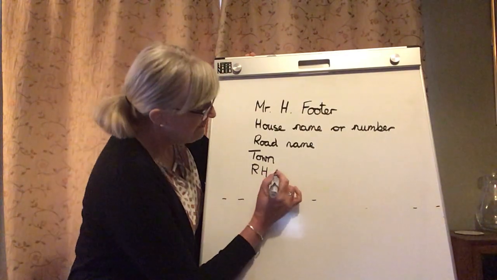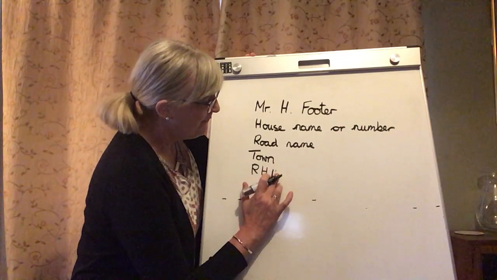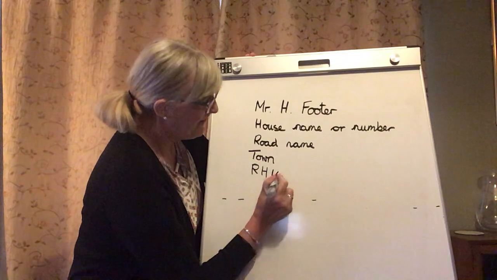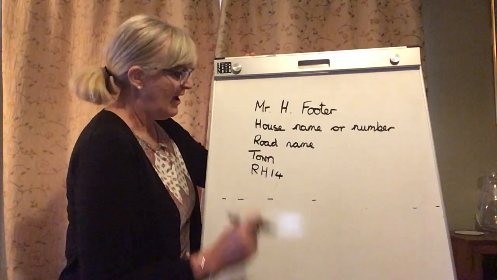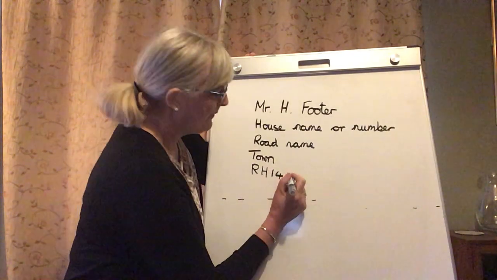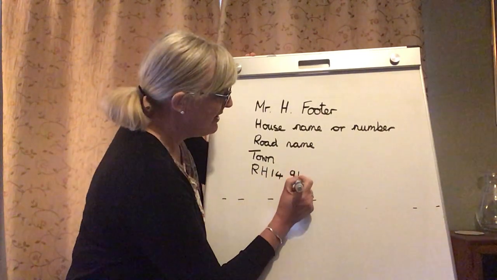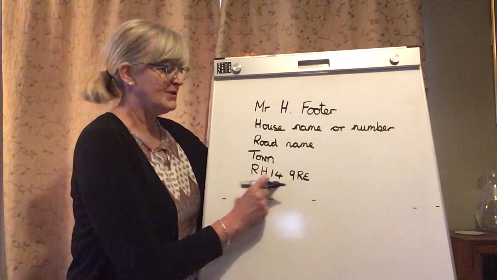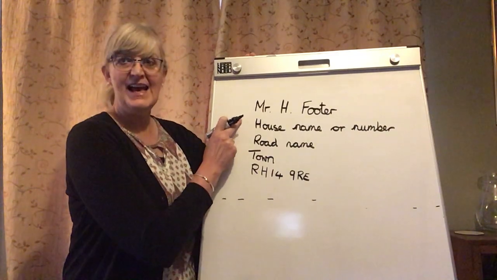So RH, and I think 14 is probably Billingshurst. RH13, and then it's a number. If you're doing the postcode for the school, it's 9RE. And that tells the postman that it's in Billingshurst and it's that house.